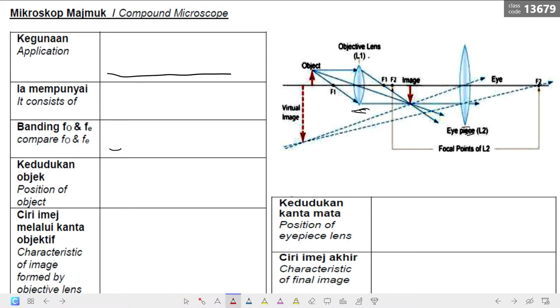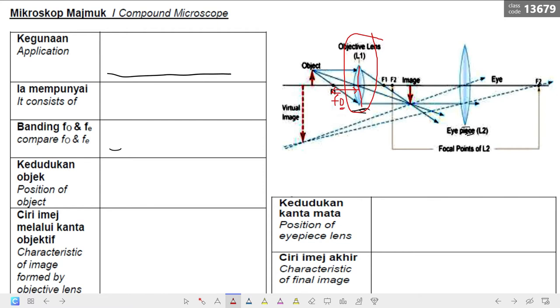This is your objective lens. FO is the focal length of the objective lens, from here to here. That's why we call it FO: O is for the objective lens.